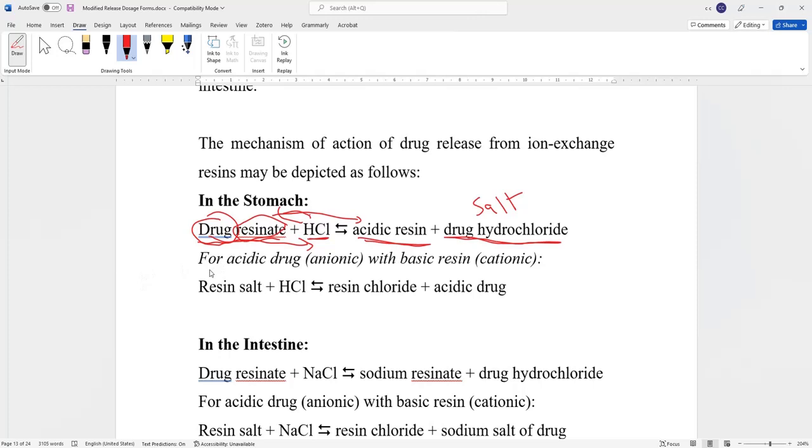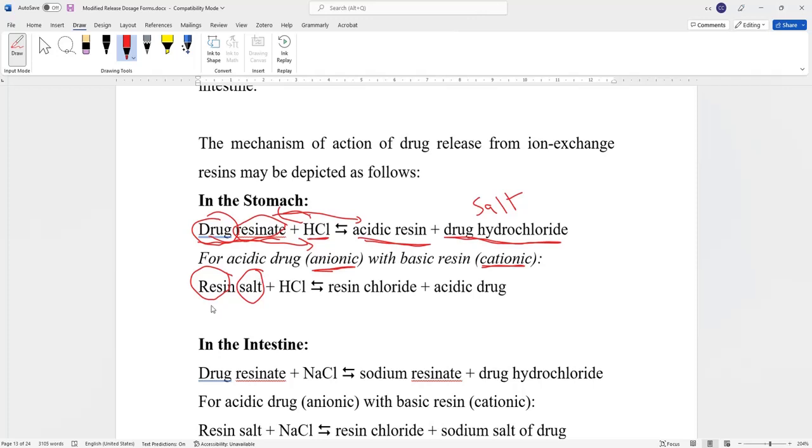Okay, now in the case where we are talking about an anionic drug, meaning an acidic drug, with a basic resin, meaning a cationic resin, see what will happen. Remember, here the resin is basic and the salt is the drug.